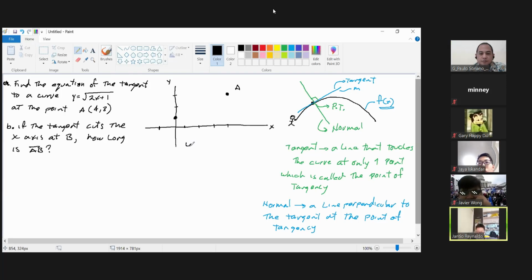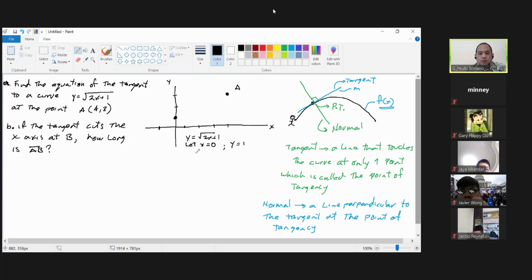Negative 1/2. So we started with, given y equal to square root of 2x plus 1, let x equal to 0, we get y equal to 1. So that's your first point, 0 and 1. Let y equal to 0, we will now get 0 equal to square root of 2x plus 1.